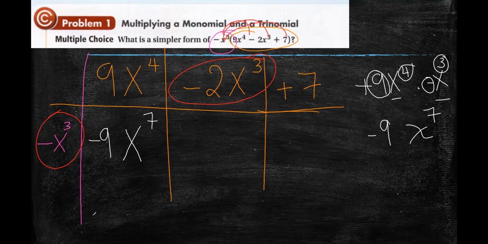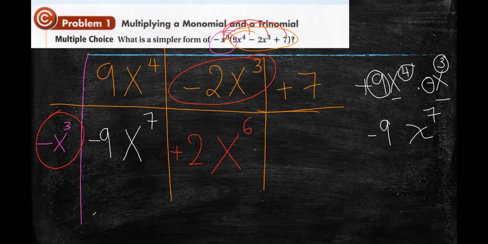So negative 2 multiplied by negative 1 is positive 2. Is it right? Yes. Then x cubic multiplied by x cubic: I will multiply them and the exponents will be added. So 3 plus 3 is 6. This is for the second one.